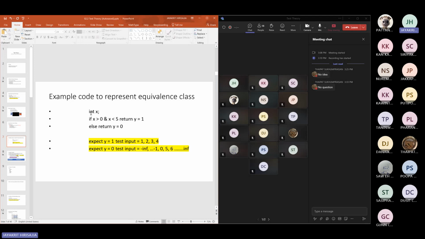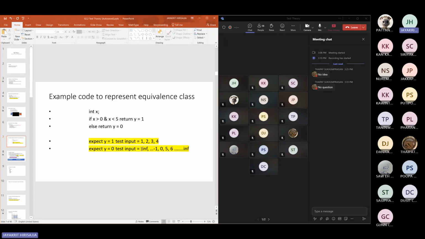If we have int x, so from this code to get 1 as the output, the range of available x will be 1, 2, 3, 4. And if x is any other number, we will get output as 0.